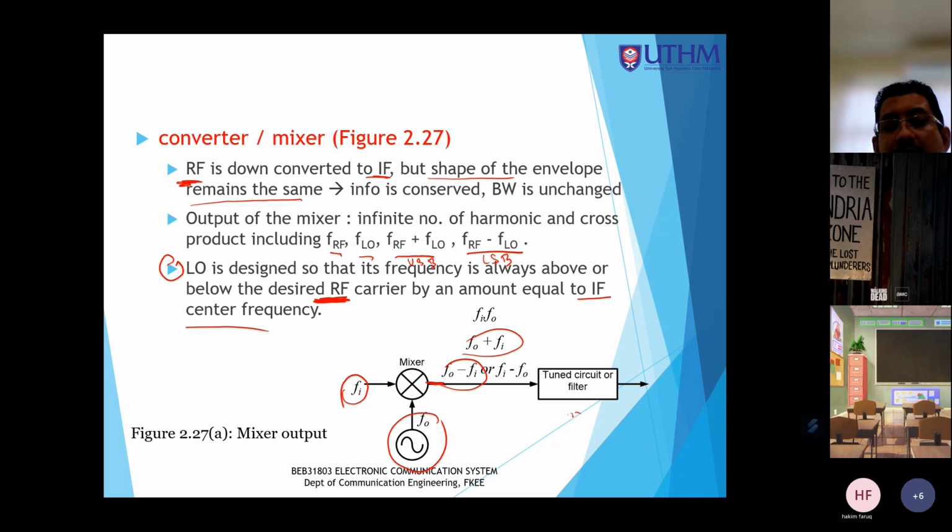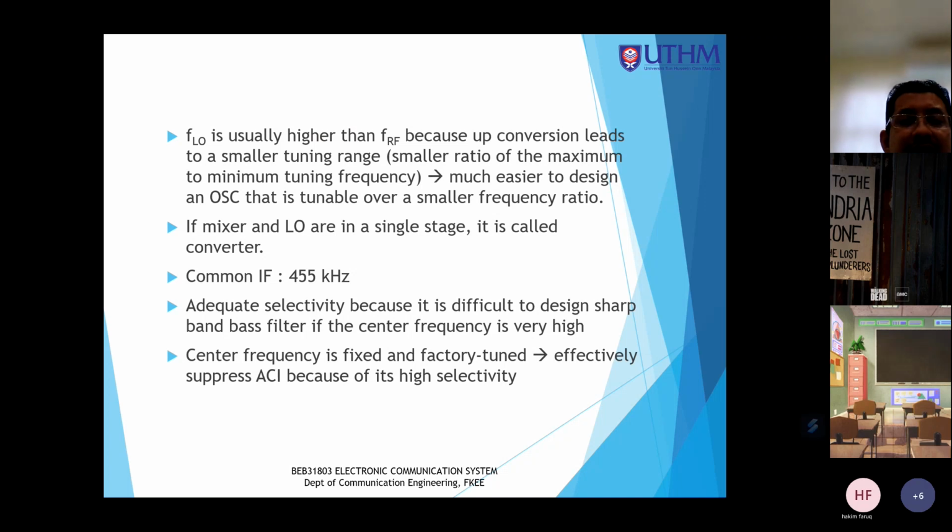Okay, dikatakan bahawa F local oscillator ini mempunyai frekuensi yang lebih besar daripada frekuensi input. Okay. Kemudian apa? Dikatakan di sini FLO is usually higher than the FRF, because up conversion leads to a smaller tuning range. Okay.